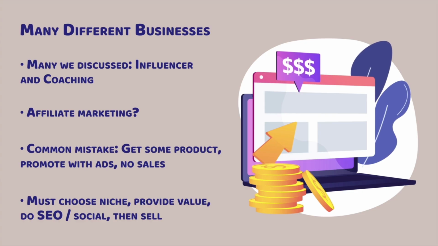Maybe long-term you can run profitable ads, maybe long-term you can do the SEO, but it's not as easy as a lot of people make it seem. So in this video, I just wanted to note that, because I know affiliate marketing is something a lot of people ask about, and also to point out that a lot of the other passive income strategies we already covered. So we've actually covered quite a bit.